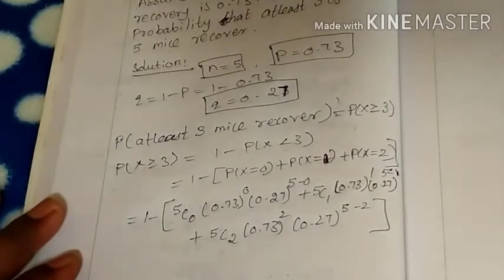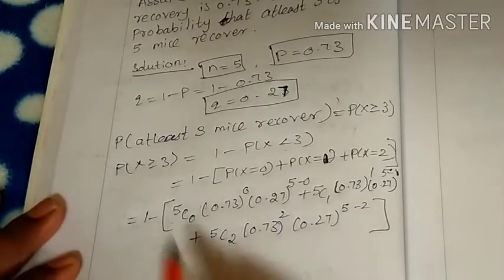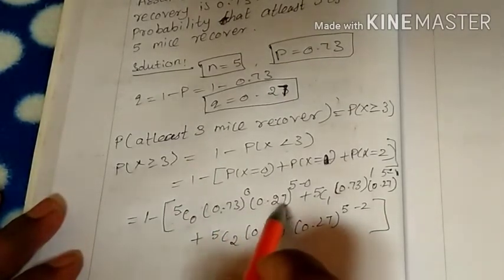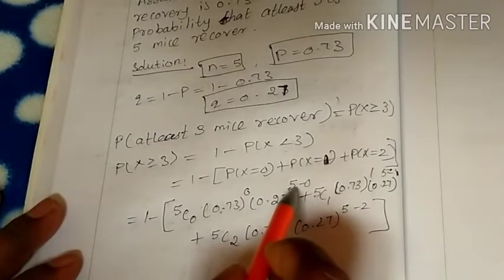That's all. This is your substitution. Next, making the simplification, we get the answer. 5C0 means 1, any number power 0 is 1, then 0.27 power 5 minus 0 means 5.